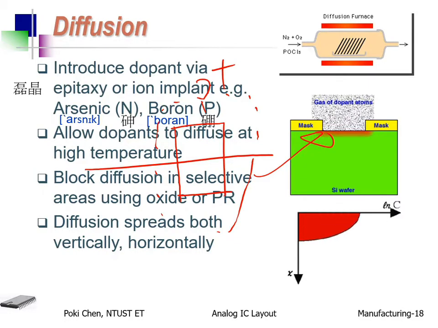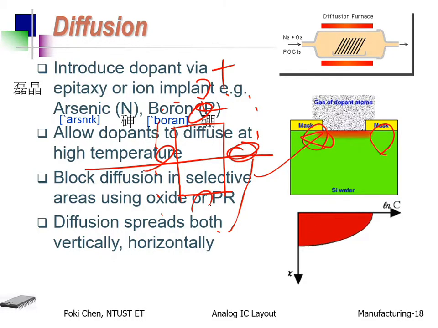The atoms don't diffuse in this direction only, but in that direction too. So you have this one, that one, here, here, here, and there. We call it side diffusion. Keep this in mind: side diffusion. So the area after diffusion will be larger than your imagination during layout.